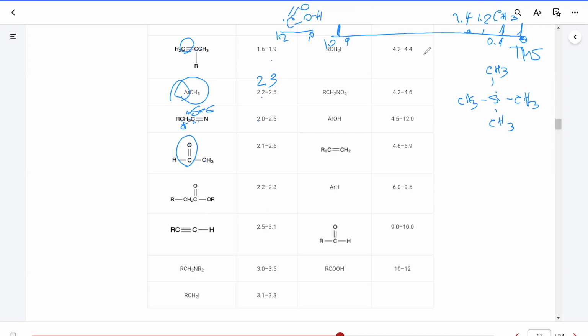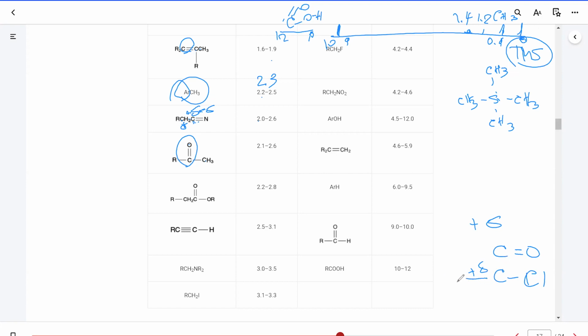And these numbers are relative to this internal standard of TMS. A pi system is an electron withdrawing group. High electronegativity is an electron withdrawing group. A positive charge on a carbon, anywhere you see that, if the carbon is attached to oxygen, or if it's attached to chlorine, this carbon has a positive charge, so it's an electron withdrawing group.